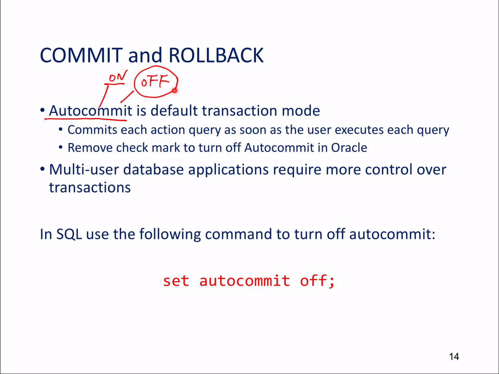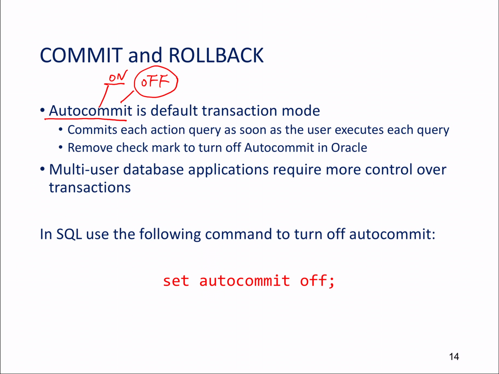Then if everything is done correctly, you can make a commit during your transaction. If something happened during the transaction that is not executed properly, or there's a failure in any one of the operations, you can always make a rollback. So in order to use transaction control, you need to turn the auto commit mode off.